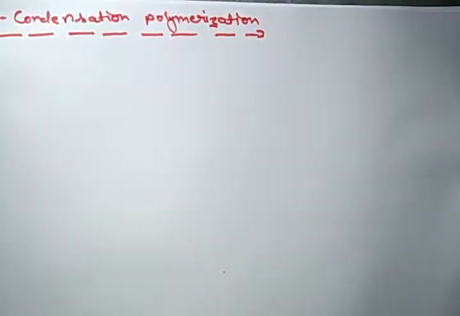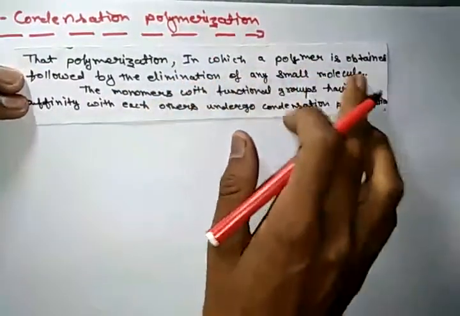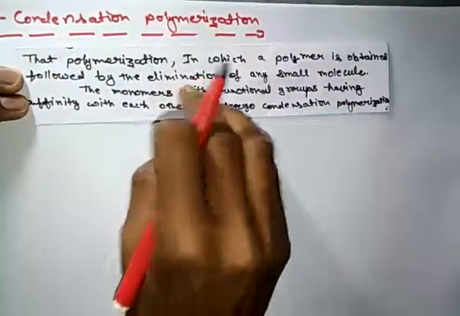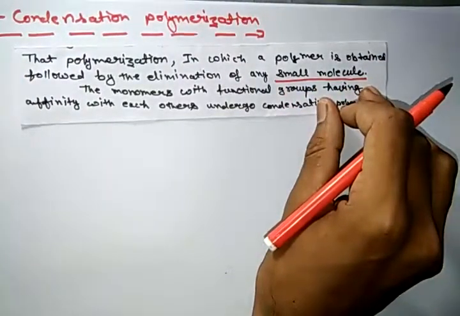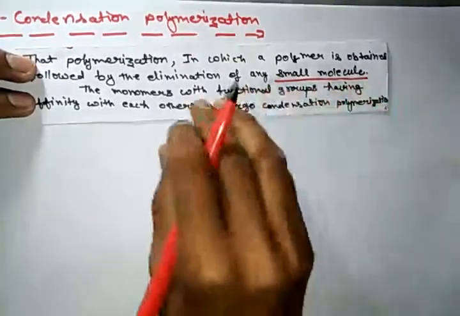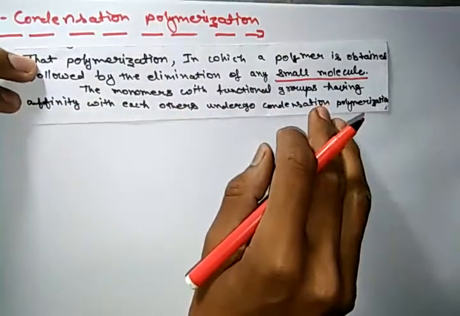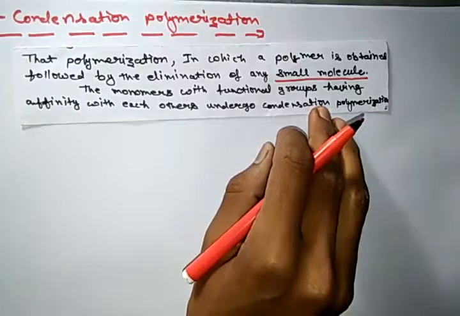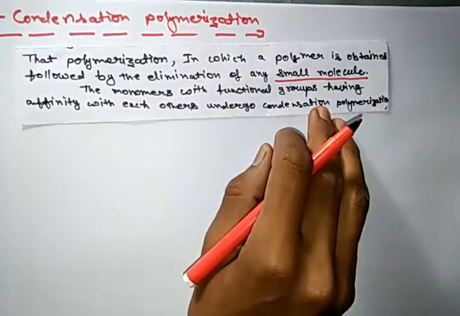In condensation polymerization, a polymer is obtained followed by the elimination of a small molecule. So in this polymerization, a small molecule is also eliminated. Monomers with functional groups having affinity with each other undergo condensation polymerization. In these polymerizations, those molecules participate which have functional groups.